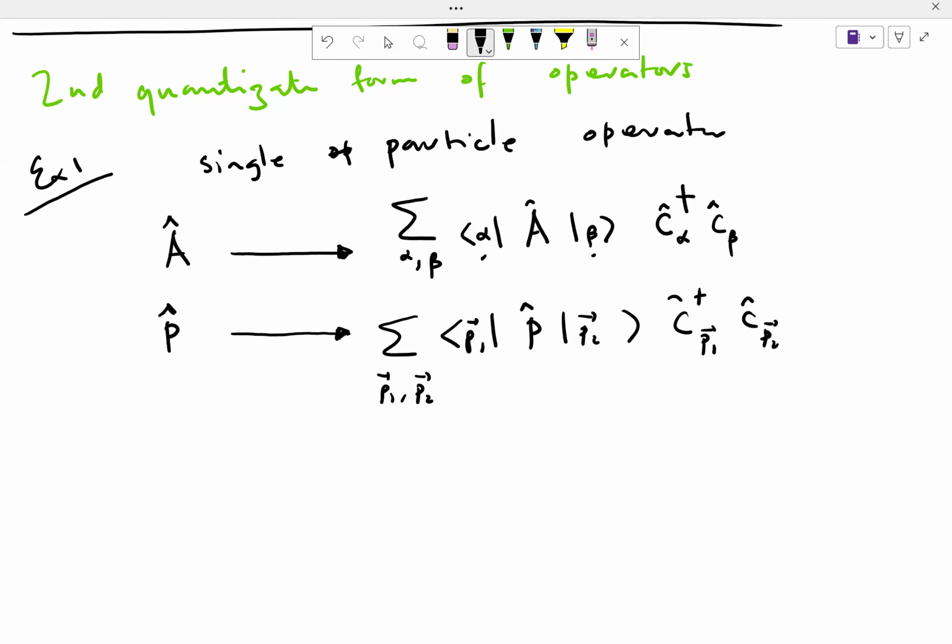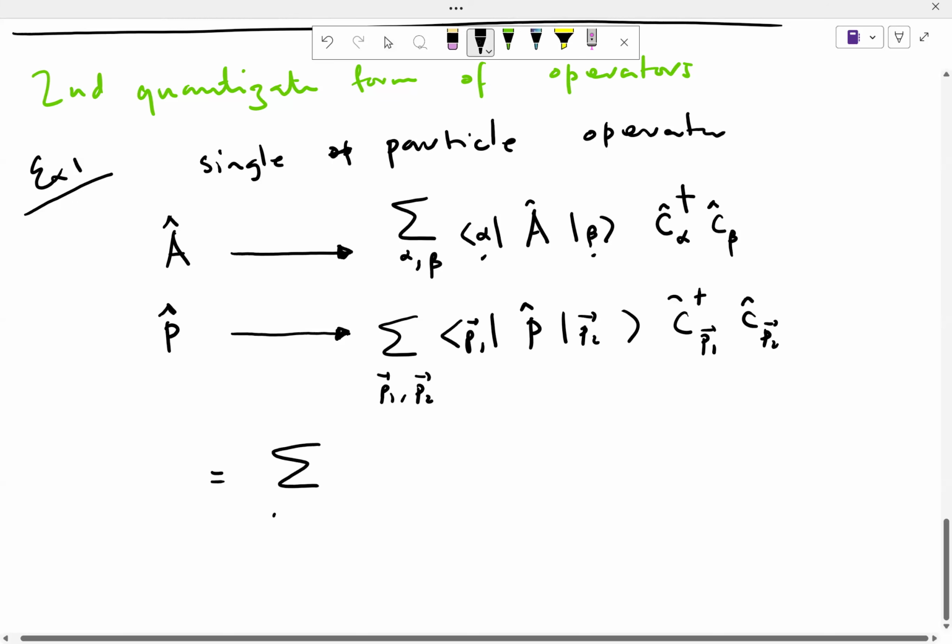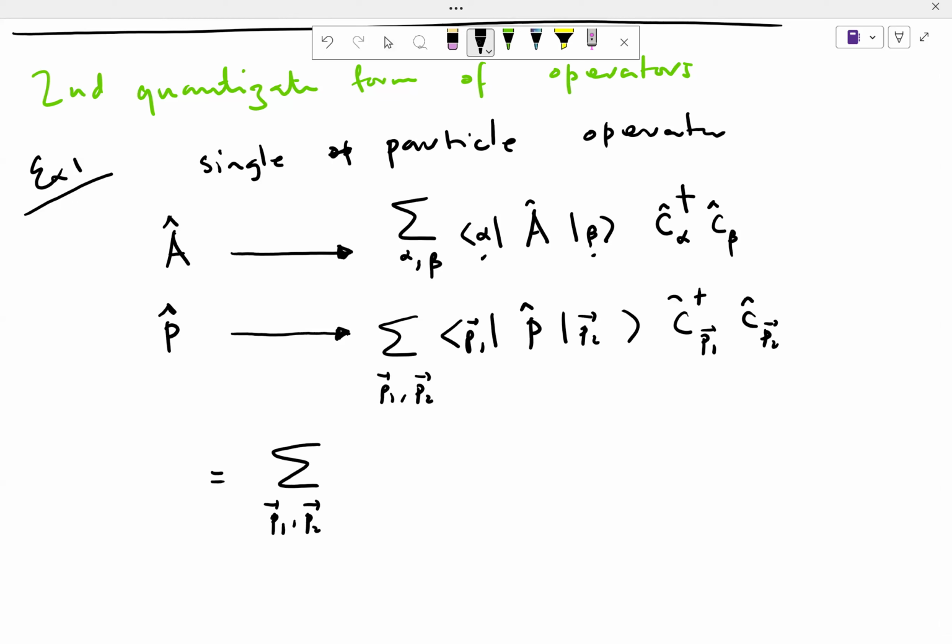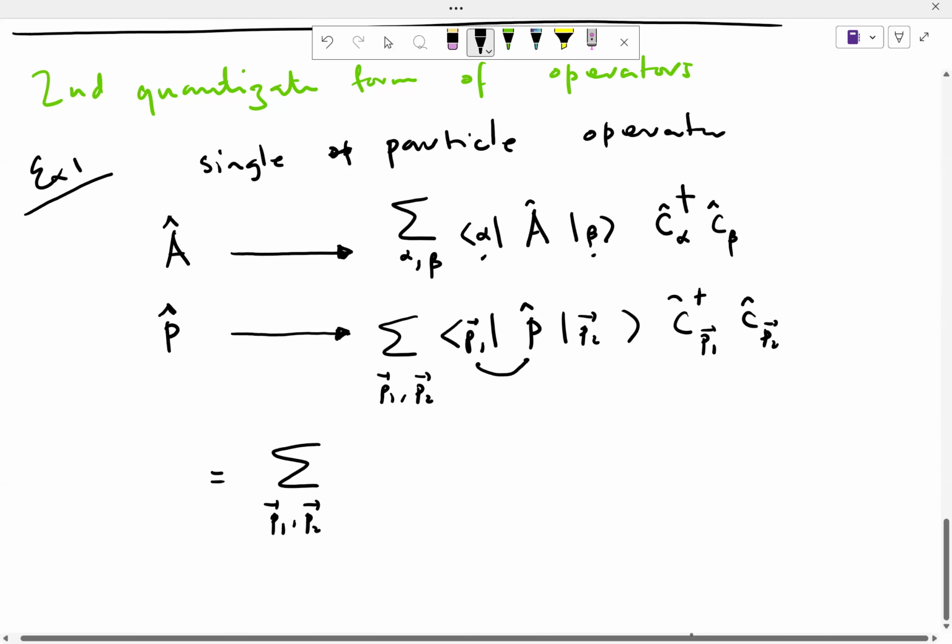And I can also solve this. Sum over all these quantum states P1 and P2. Now my basis states are the momentum states. P1 is an eigenstate of P, and the corresponding eigenvalue is simply the value of the momentum P1. So this becomes P1 bra P2 ket, CP1 dagger CP2.